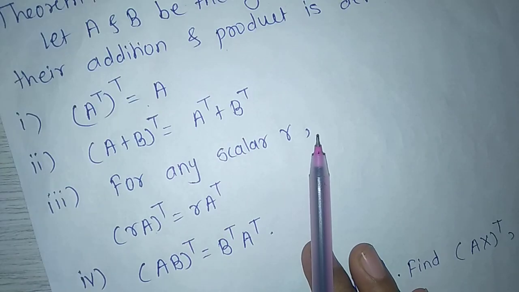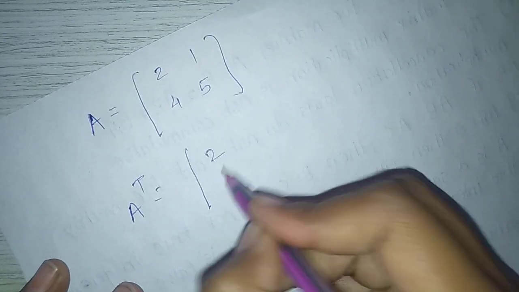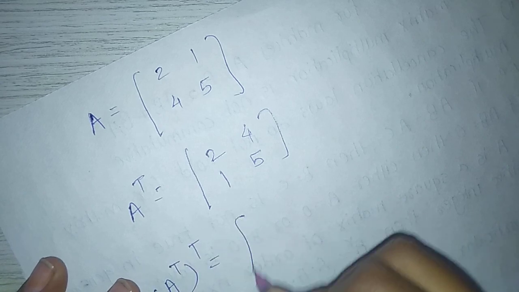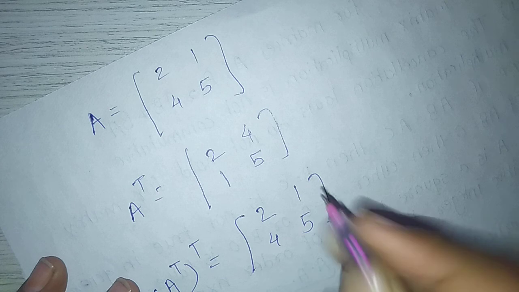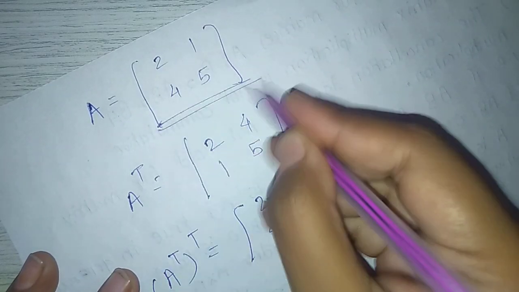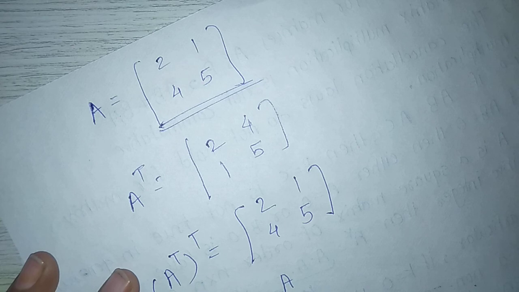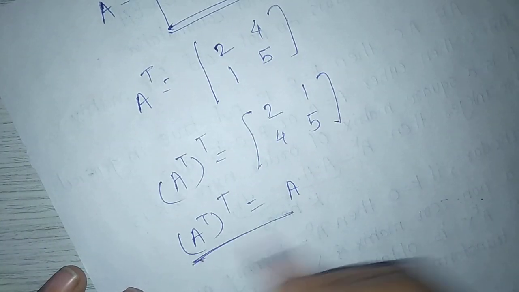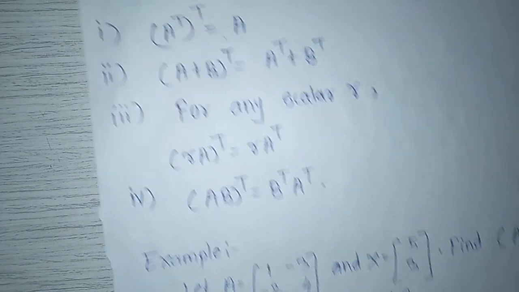Here first, A transpose of transpose equal to A. Means, for example, if A equal to 2, 1, 4, 5, then A transpose is 2, 1, 4, 5 and A transpose of transpose equal to 2, 4, 1, 5 and which is equal to nothing but A. Means A transpose of transpose equal to A. First is true.